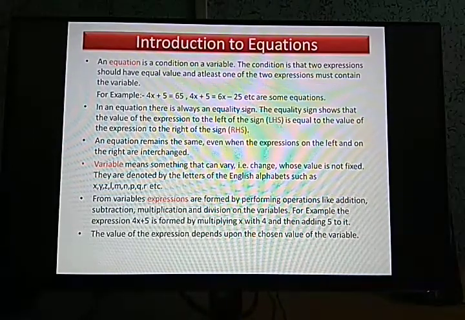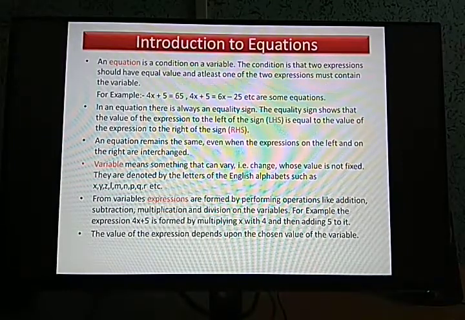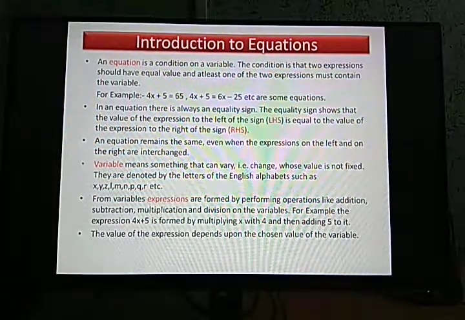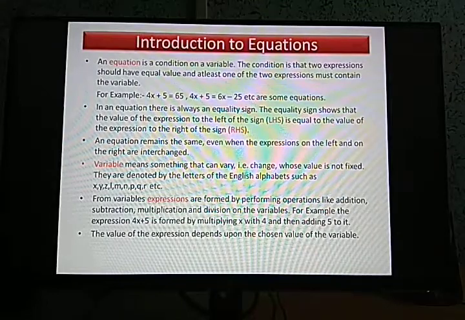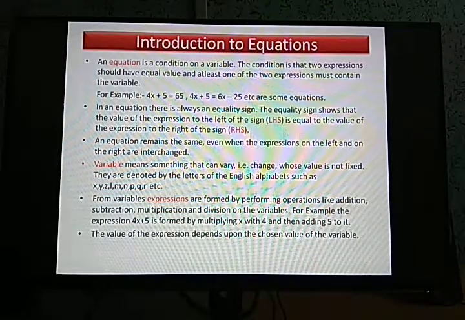Clear? Say here 4x plus 5 is equal to 65. Here a certain value of x we will choose, then only we will get 65. Not all the values we will get, right? A certain value we have to choose, then only we will get 65. Means both the sides will be equal then. Clear? So it depends upon the chosen value of the variable.